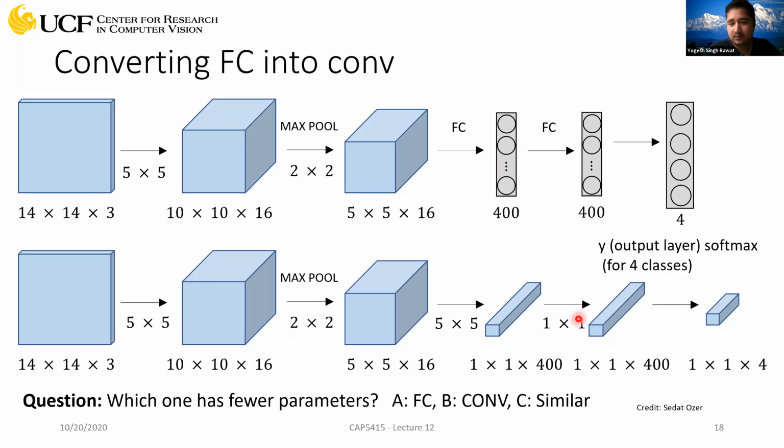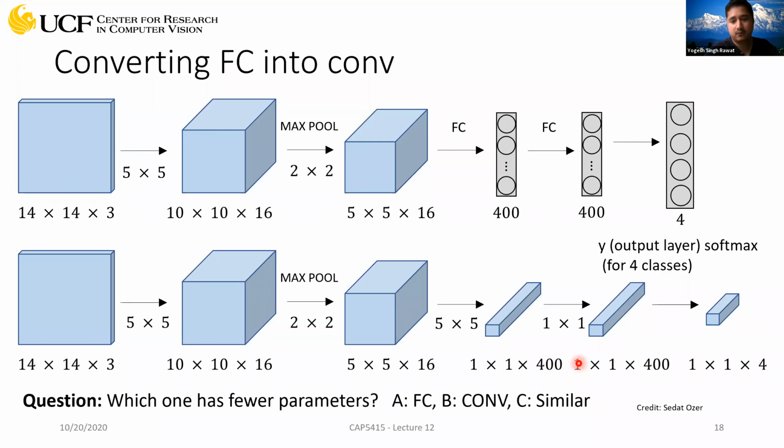Okay, now if you look at this particular layer, your kernel shape is 1 cross 1 cross 400, right? Because of this depth. So to generate one neuron in this following layer, you need 400 different weights, and you need to generate 400 different neurons.